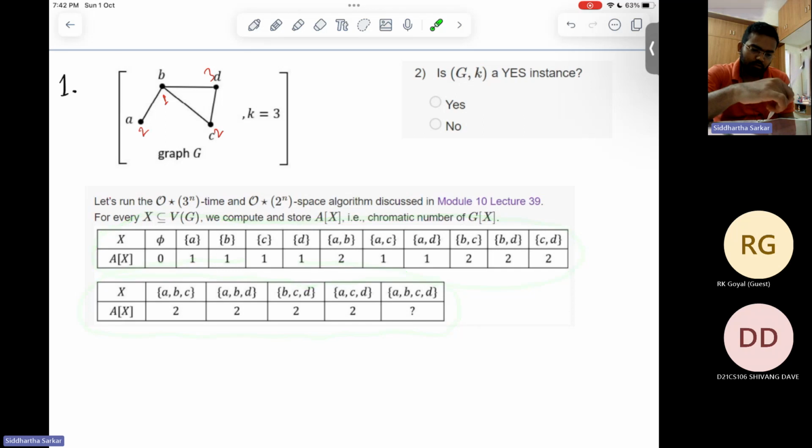So the question is, what is the table entry corresponding to A, B, C, D? So how it is done? So A, B, C, D are the vertices of the graph. And for every subset of the vertex set, every subset of A, B, C, D, you have some entry. So what is the space requirement? So how many entries are there if there are n vertices in the graph?